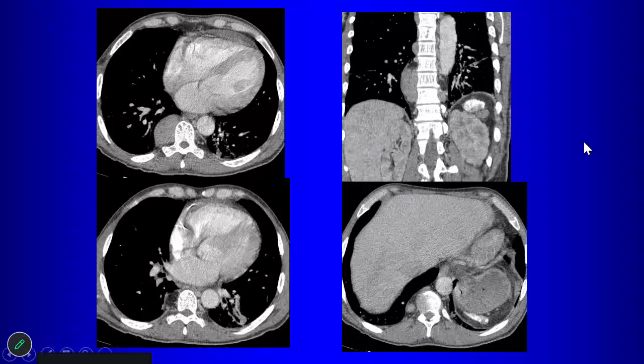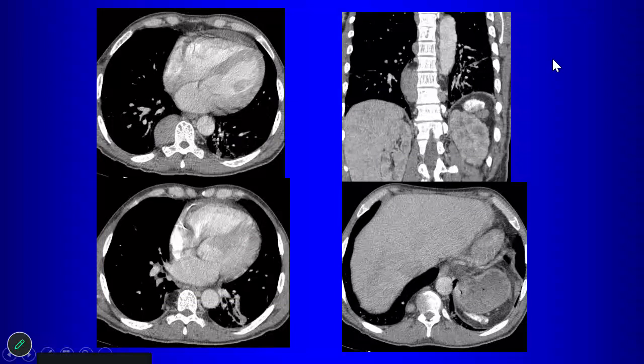What can we say about this case? Well, is there one or more than one paravertebral mass? There's more than one. There's one here, one up there, there's one over there.